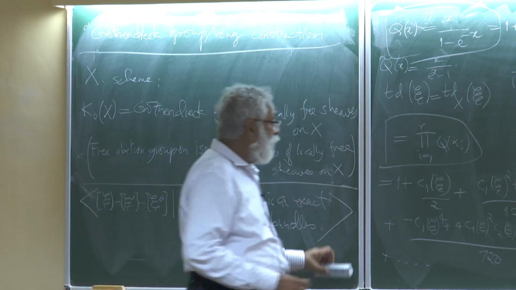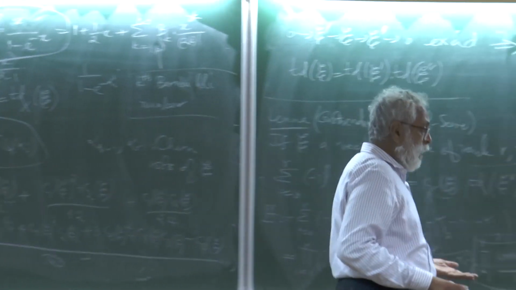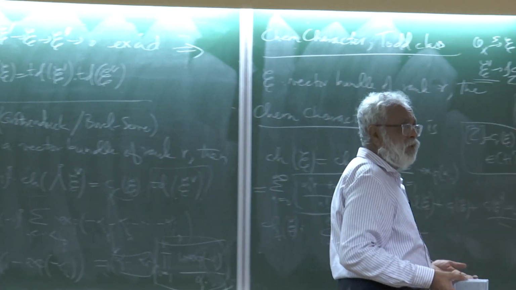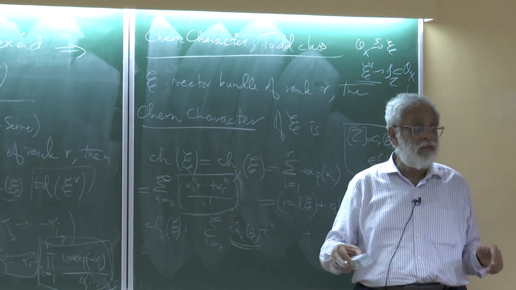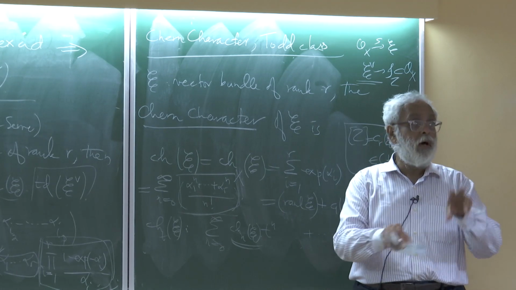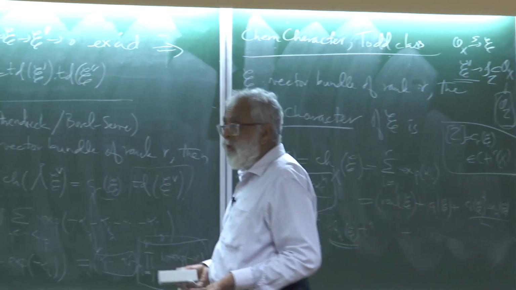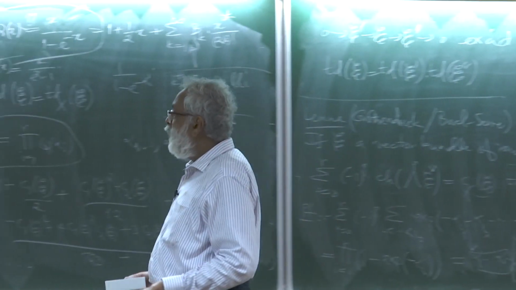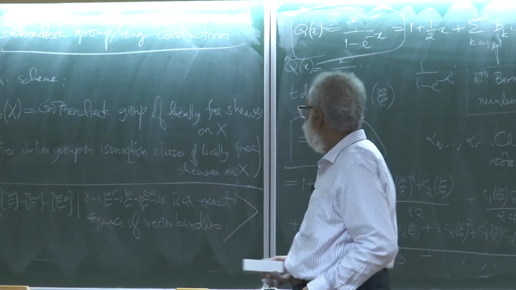Now, why have we introduced this? We've seen already all sorts of invariants which take values in something. They're defined as invariants of vector bundles, but they have the property that if you have a short exact sequence, then the invariants of the middle one are related to the invariants of the two extreme ones. So any such invariant is defined on this group in some natural way with values in a suitable place.